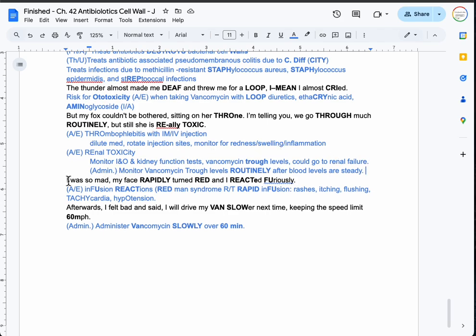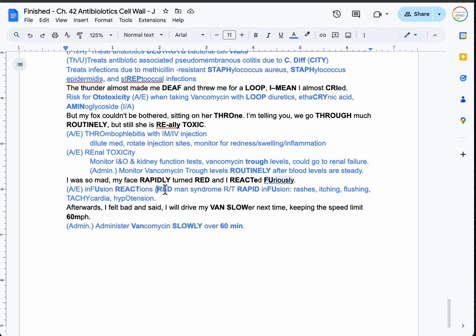The story continues. I was so mad, because my fox couldn't be bothered. I'm turning deaf and dying here, but I was so mad. My face rapidly turned red and I reacted furiously. It's talking about an adverse effect: infusion reaction. Furiously is infusion, reacting is reactions.